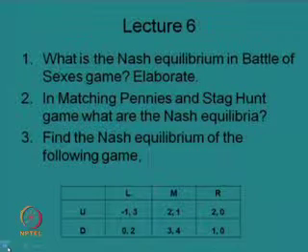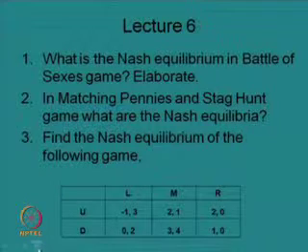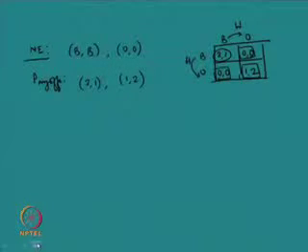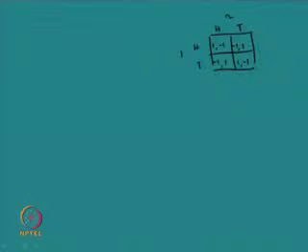In matching pennies and stag hunt game, what are the Nash equilibria? In matching pennies game, this was the payoff matrix. And we can see that there is no Nash equilibrium in the matching pennies game.